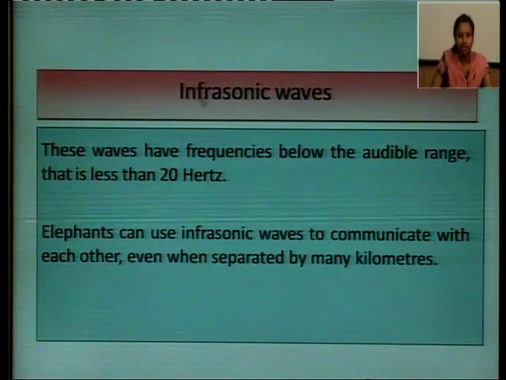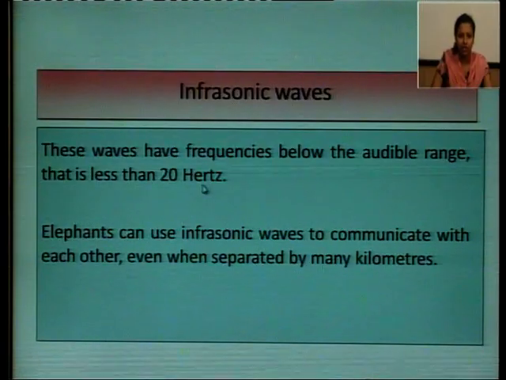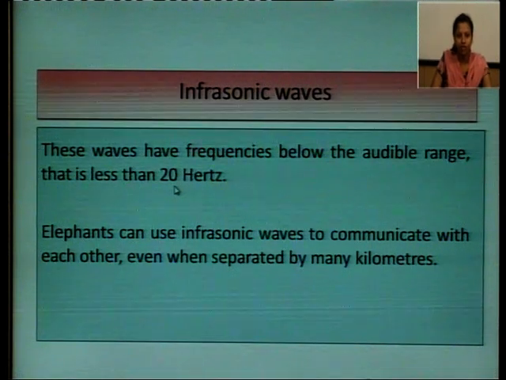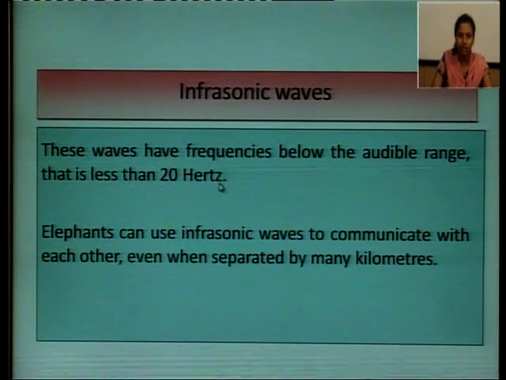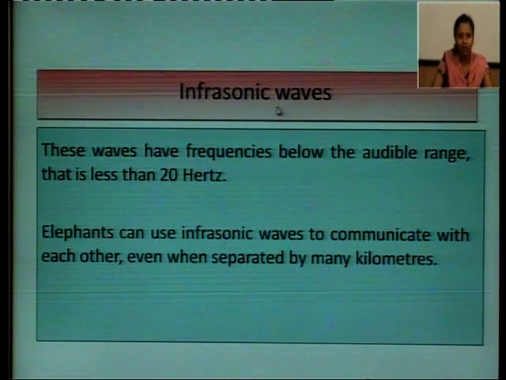Then the second type is infrasonic waves. If the waves have frequency less than the audible range, like less than 20 Hz, then these types of waves are called infrasonic waves.